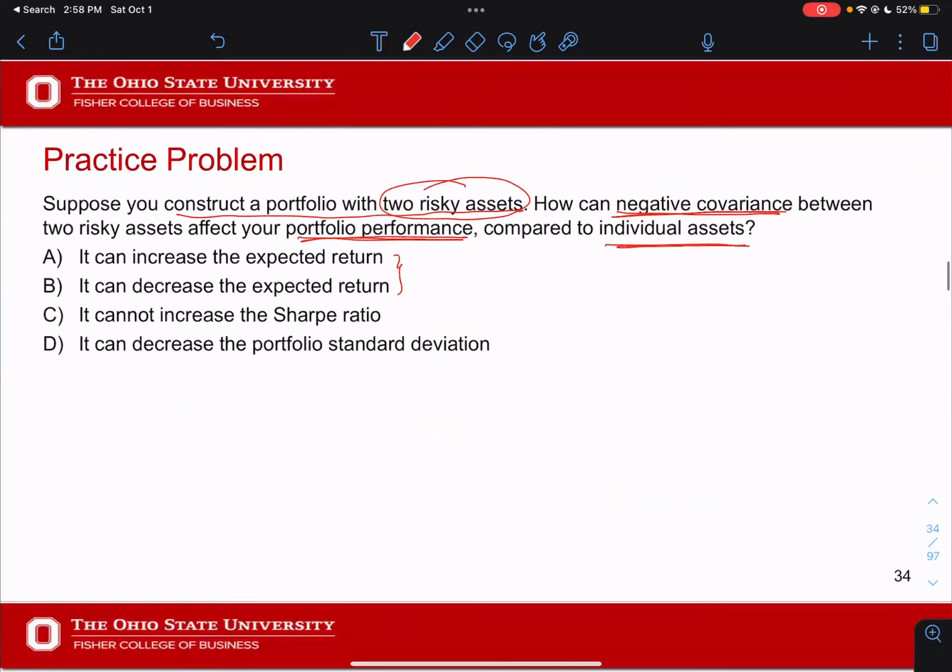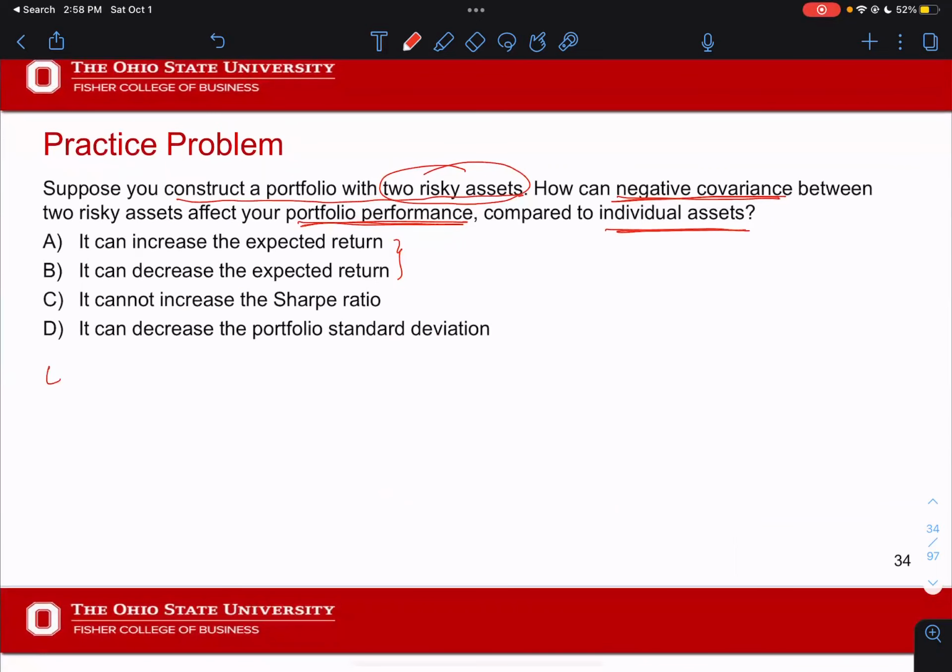So very simple, the expected return of a portfolio. Here, for example, you have 2 risky assets.